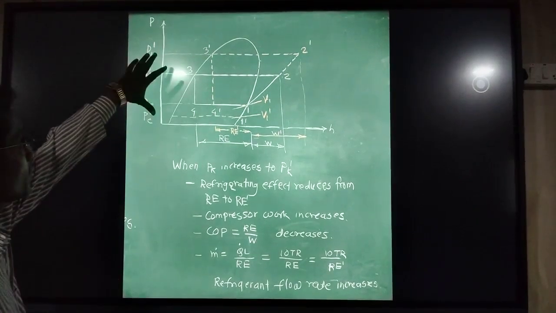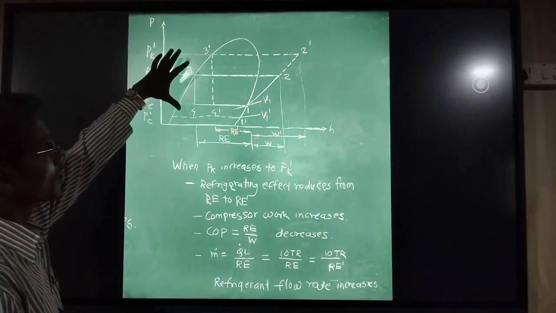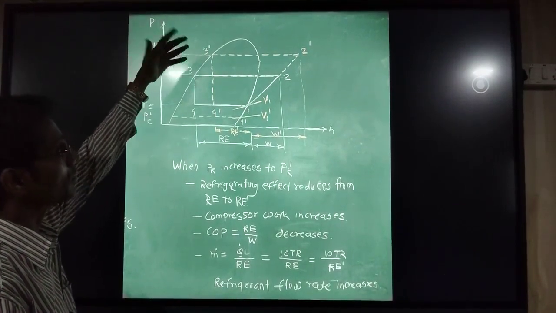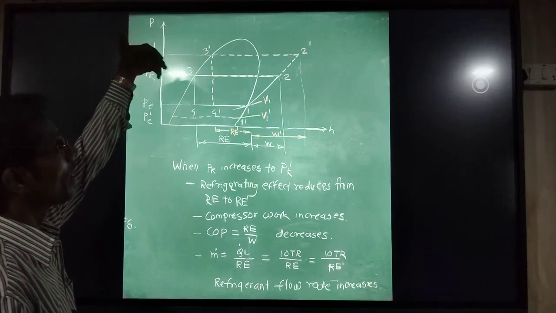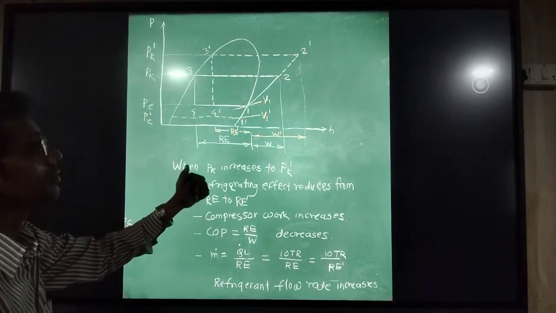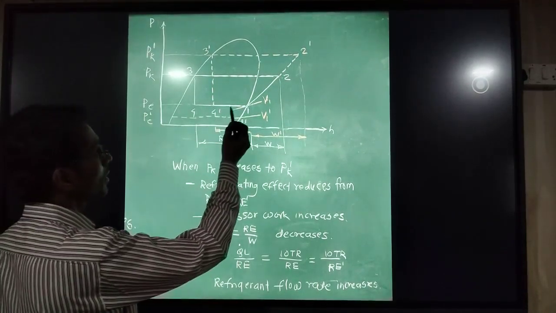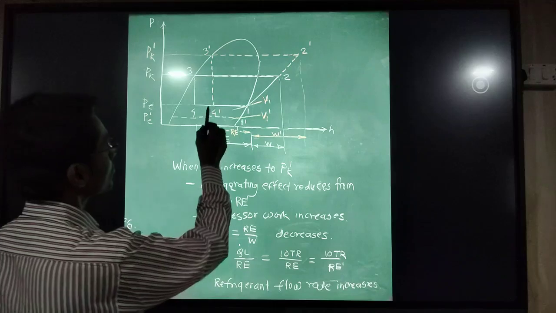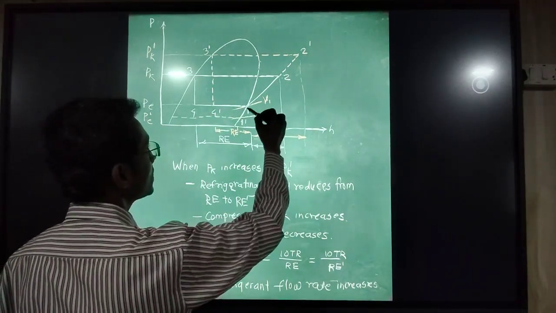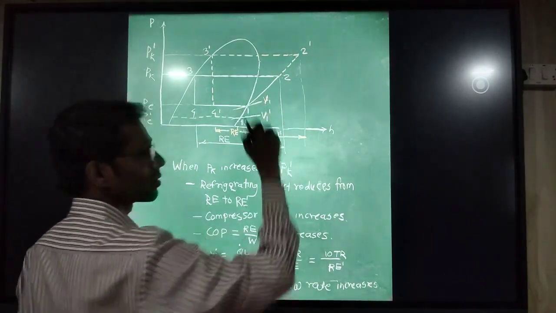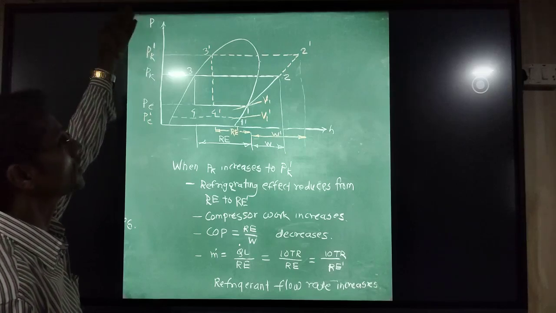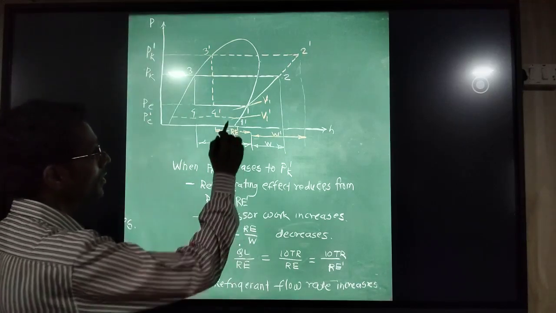Here we can see, if we go for multi-stage operation, meaning heavy duty application, and for that application we use a single stage system, then what will happen? The compression 1 to 2 is increasing to 1 to 2 dash, meaning the condenser pressure is increasing, reaching high.